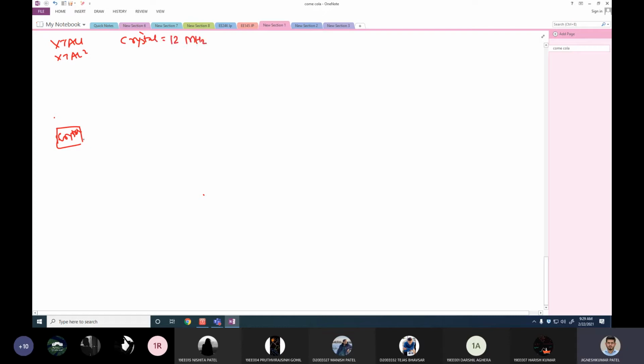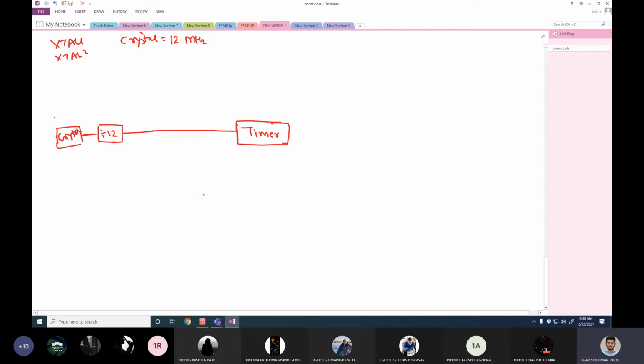Now, after this crystal, there is one more internal unit before the timer, and that is a division factor, which is always divided by 12. So what we are feeding to the timer, this is my timer. I am just writing timer here because I have to change it later.